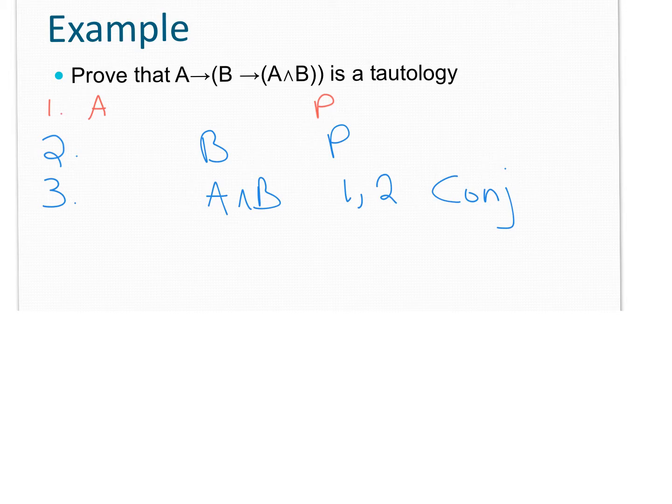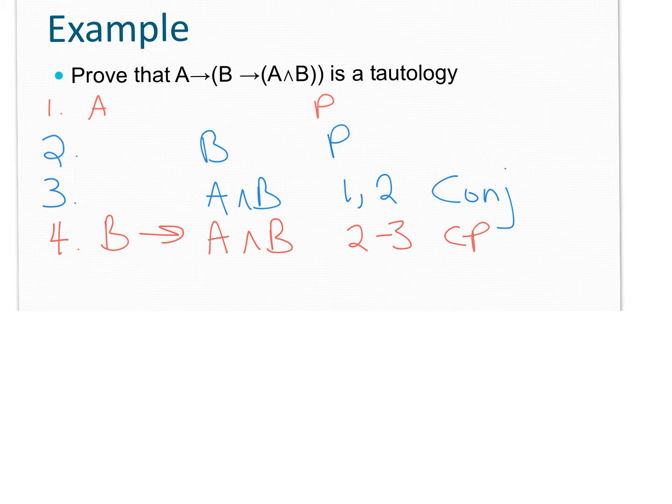And check it out. I assumed B and I concluded A and B, which means that I could kind of outdent, right? And I can say, oh, wow, I did B implies A and B based on lines, what did we do? 2 to 3 and conditional proof, right?